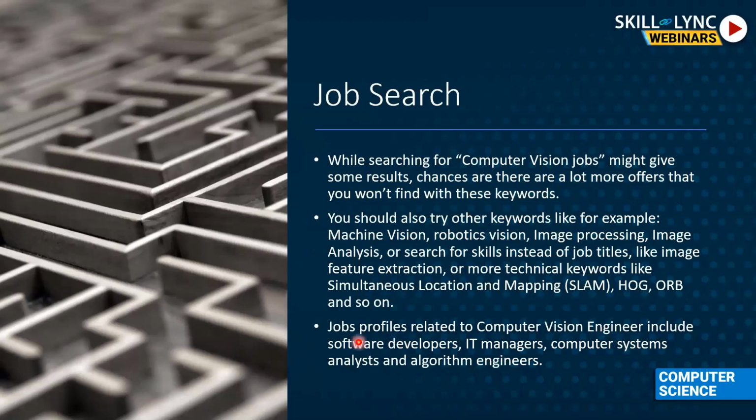Also, I studied electronics, and now I am also studying mechatronics, and we see that computer vision is applied in a lot of applications. So not just computer science people, a lot of people from other backgrounds can also look for jobs in computer vision.